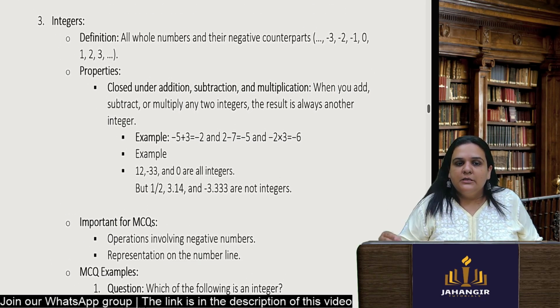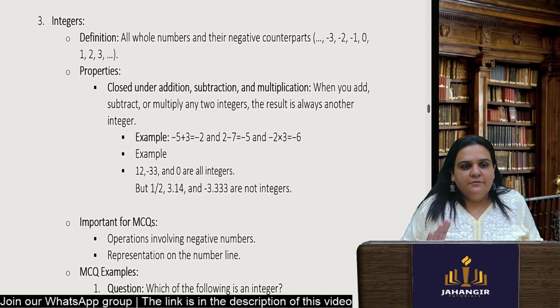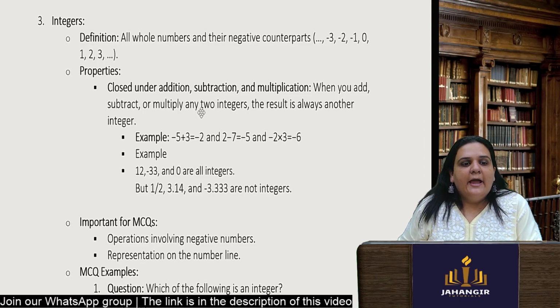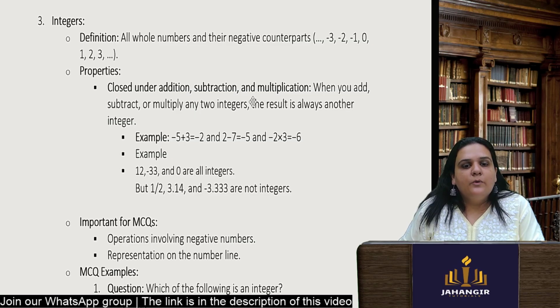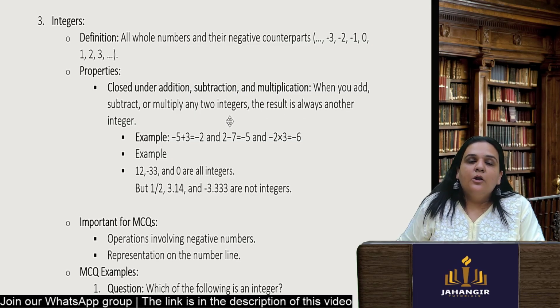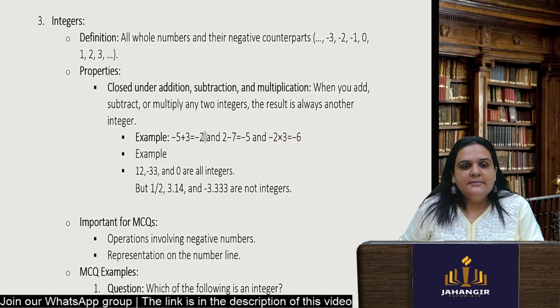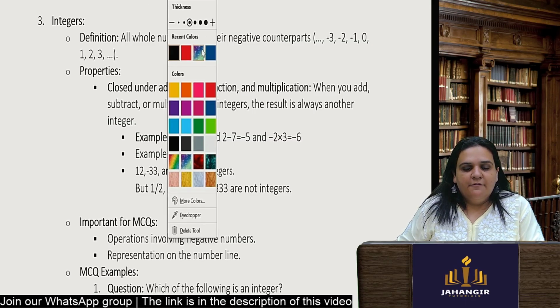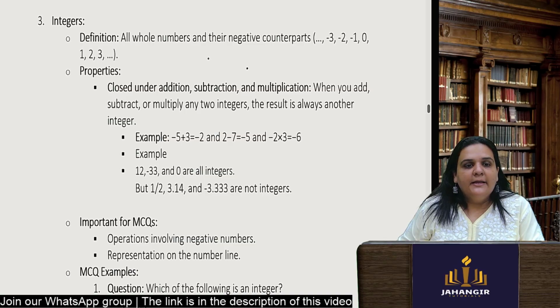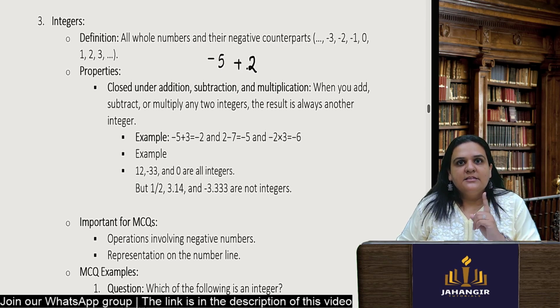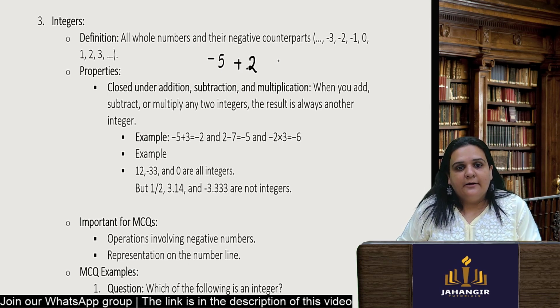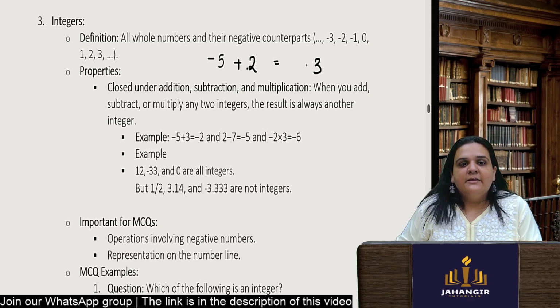Addition, subtraction, multiplication, division, whatever. When you add, subtract or multiply any two integers, the result will always be another integer, obviously. If I am doing minus 5 plus 2, negative and positive, if there is a minus and plus sign, you will always subtract and the sign will be of the greater number, always.